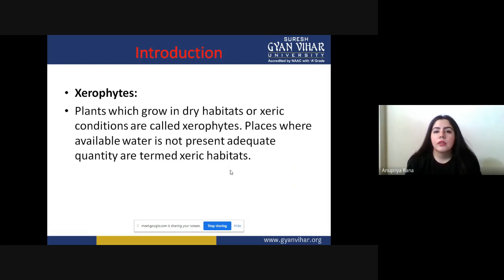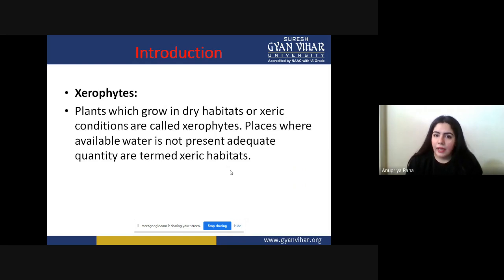So if we go through the introduction of the xerophytes, that's simple. The plants which grow in dry habitats or xeric conditions, that's why we call them xerophytes. A xeric condition is a condition where water quantity is very less. It can be any situation when water availability to the plant is less. In that case, the habitat will become dry.